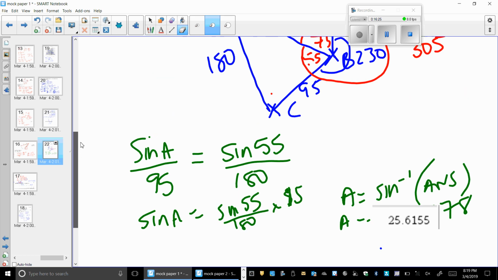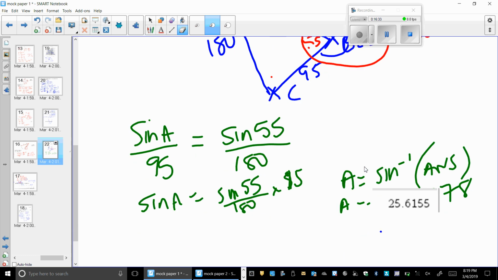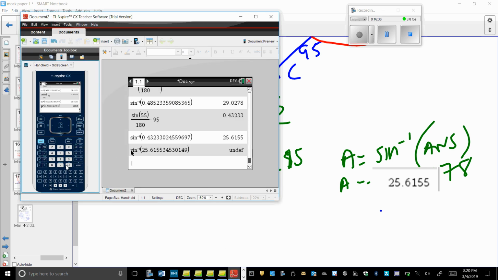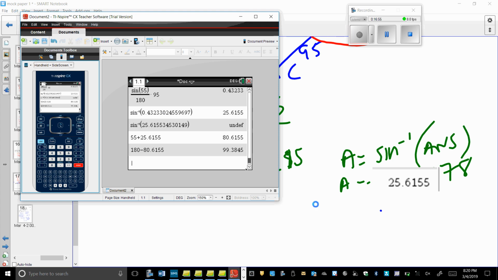Then we've got this angle and this angle, so we can find this one. So 55 plus that, 25.61, and then 180 subtract that gives us 99.3845.